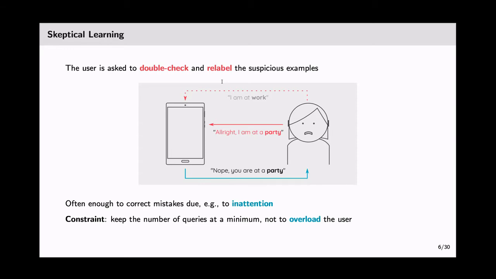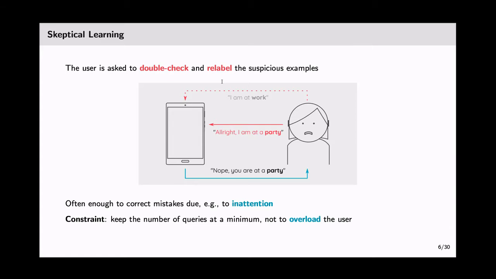In most cases, we are able to correct the mistake, especially if it is caused by inattention by the user. In our application, it is in the interest of the user to provide good labels, since a personal assistant that is trained on a good training set can provide a better service to the end user.